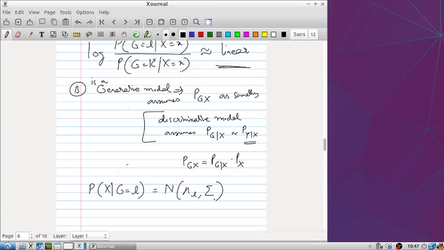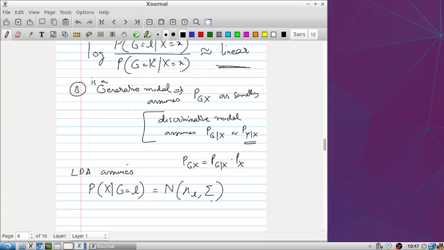That's what LDA assumes: the conditional probability of X given G equal to L is normally distributed.